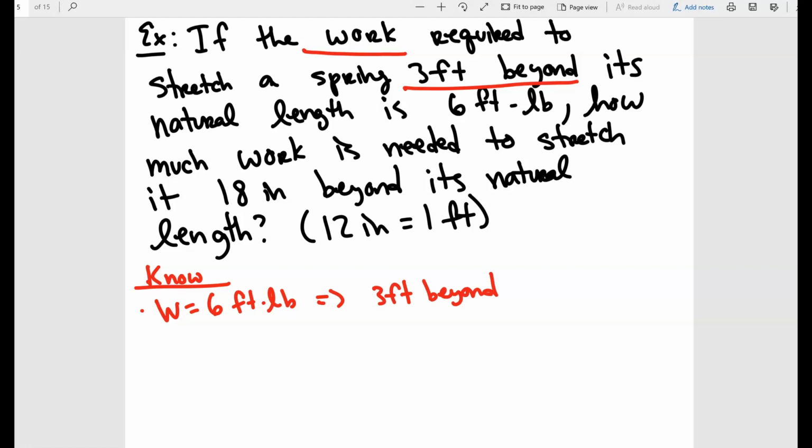So basically, what I'm saying here is that if you have this spring, and I wanted to stretch it 3 feet beyond, so this green part is 3 feet, the work, not the force, is 6 foot-pounds. So they didn't give us the force. So what do we want to know? Well, we want to know how much work is needed to stretch it 18 inches beyond its natural length.